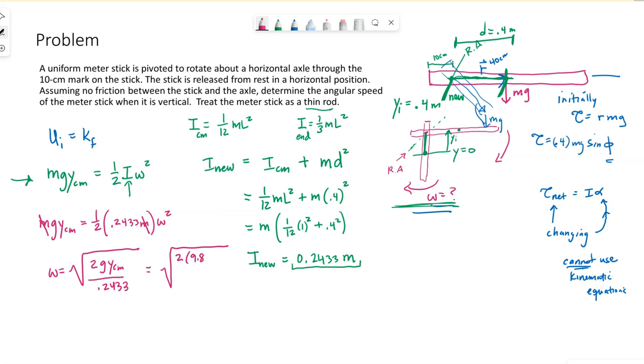We know G is 9.8. Y of the center of mass, as we mentioned, the center of mass starts 40 centimeters above where it ends. So that's the Y center of mass is 0.4 meters. This omega at the bottom, when the meter stick is vertical, plug in my numbers. I'm finding that to be 5.7. Omega is in radians per second.